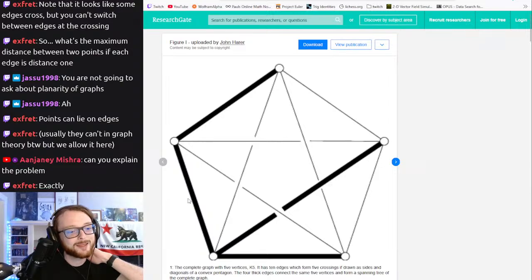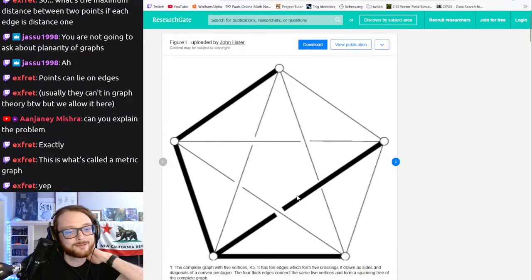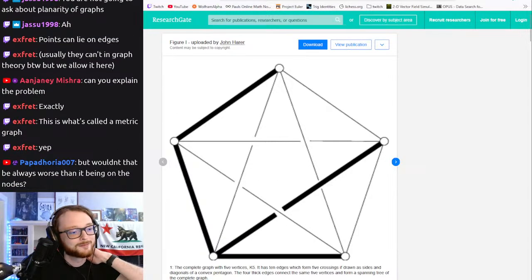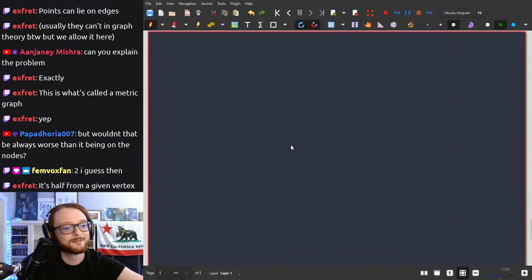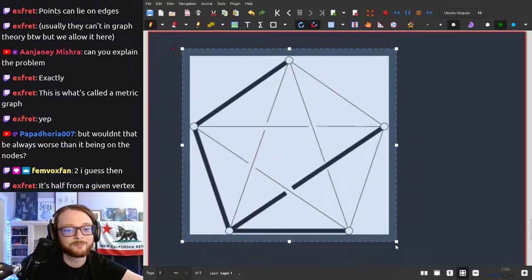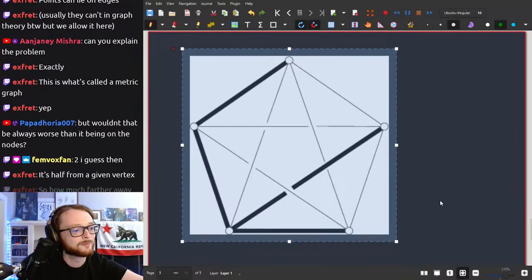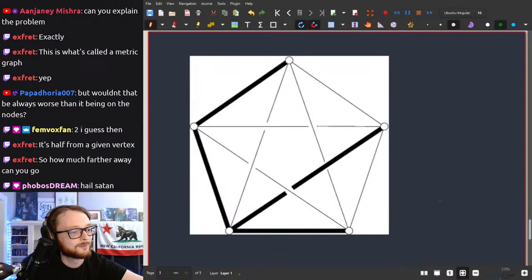So, okay, if that happens, will that count for half the distance? Yep. Okay. Can that be always worse than it being on the nodes?